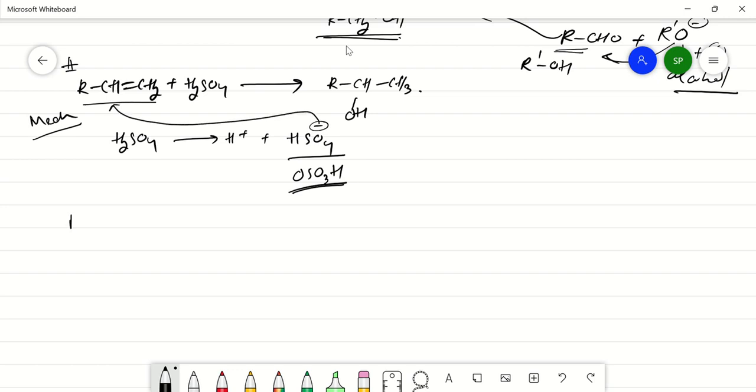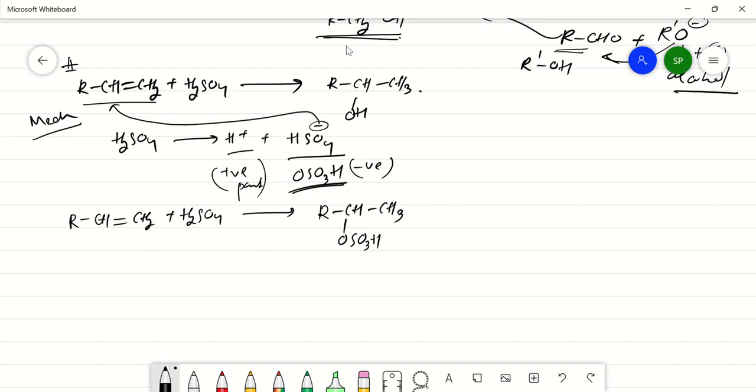So if we react RCH=CH2 with H2SO4, this will produce RCH(OSO3H)CH3, because this is the negative part and this is the positive part.